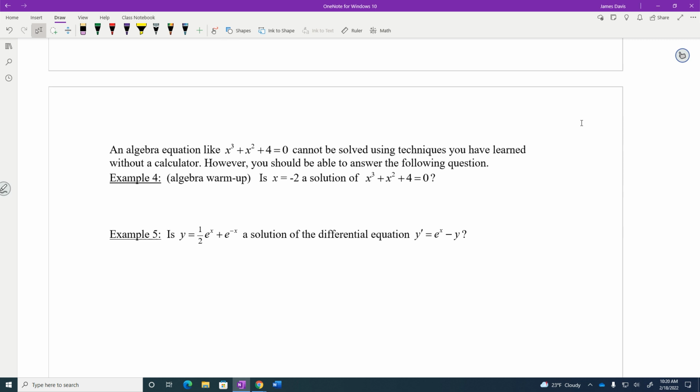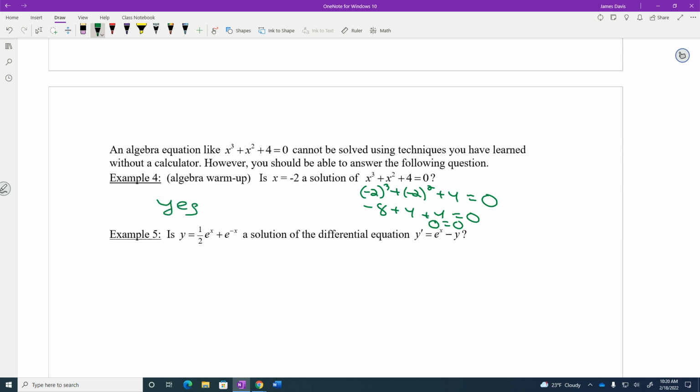But you could answer something like, is this number a solution to this equation? So how would you answer that? Is -2 a solution to this equation? Plug it in and see if it works. If it's not zero, then it doesn't work. So we're going to use that basic concept for a couple of problems here. You plug it in, you get -8 plus 4 plus 4, which is 0, and 0. So yes, it's a solution.